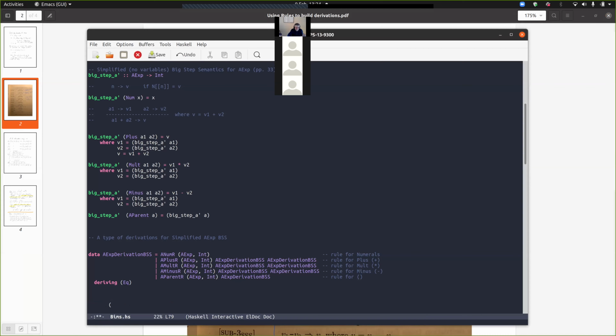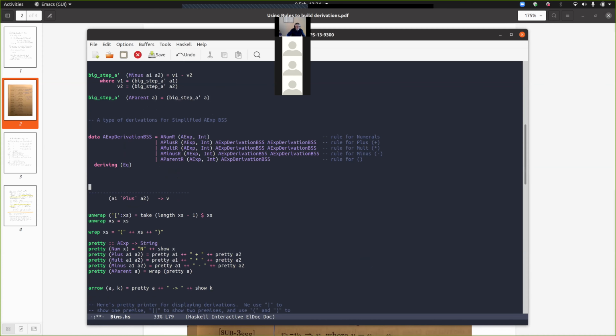Something that looks like some A expression plus, and this is actually the keyword plus, and another A expression, and I'm just going to draw an arrow to mean big step evaluates to V. And so here's the rule: A1 better evaluate to V1, and A2 better evaluate to V2.